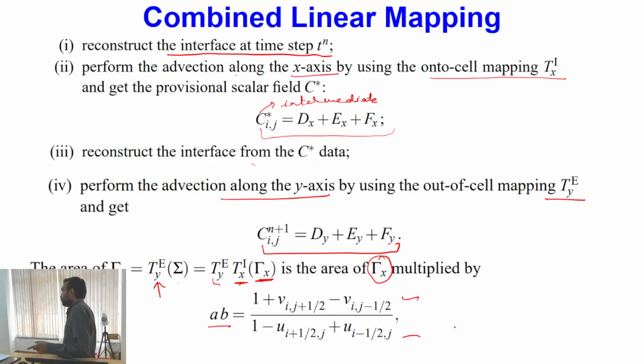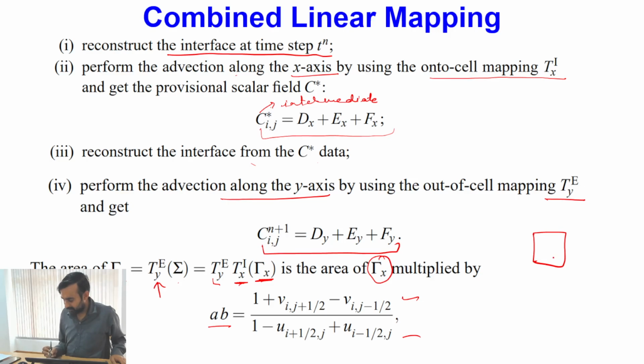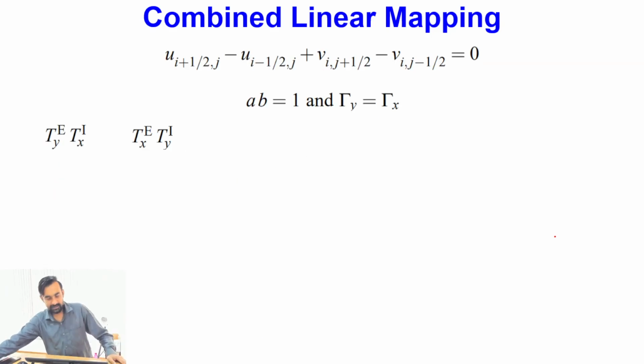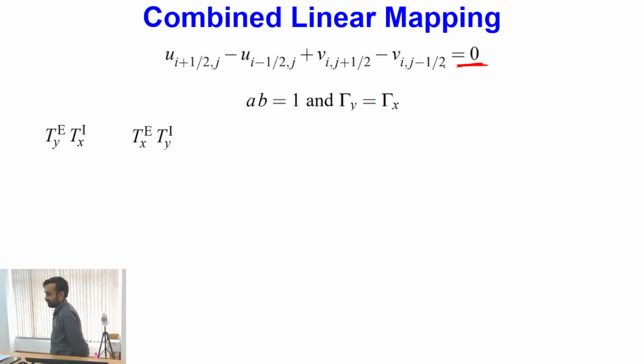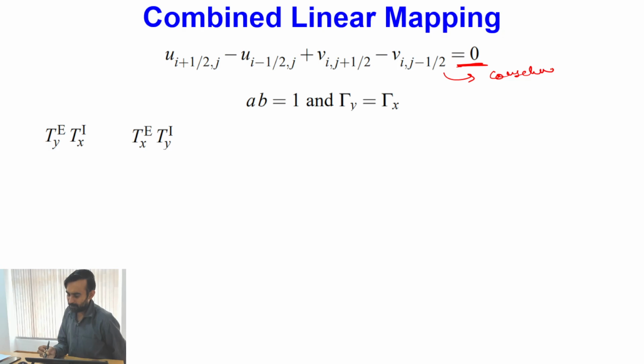Now, if we have to ensure the conservation of mass, what should have happened? If this is my cell, whatever the velocity is at these points and velocity is in normal directions, their difference should be equal to 0. Then only my conservation of mass for incompressible flow will be ensured.